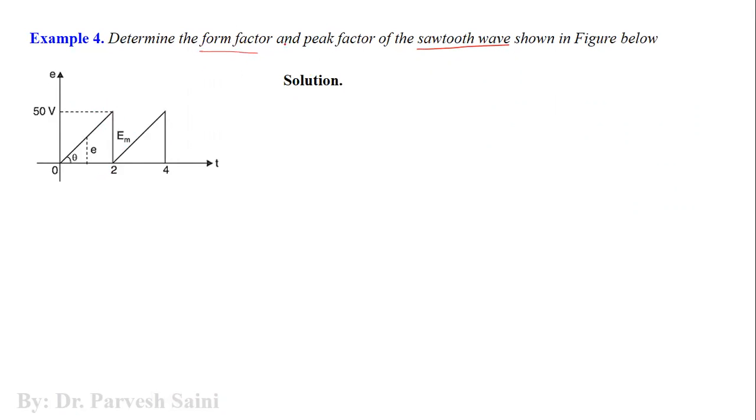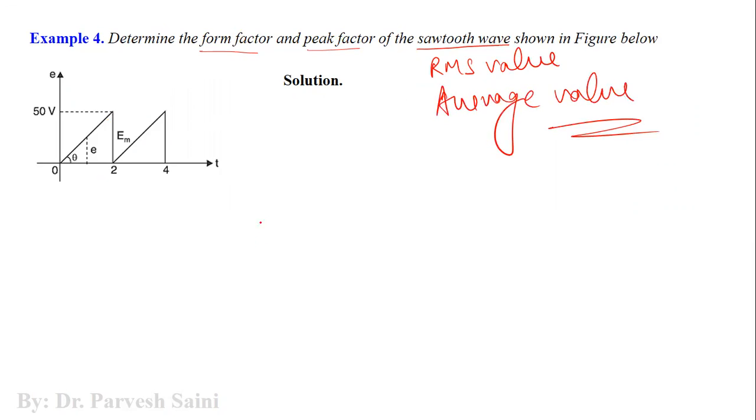Because we have to find out the form factor and peak factor, we cannot determine them without calculating the RMS value and your average value. We need to find out these, right? So the process will remain same. We will try to find out the equation for this slope here.